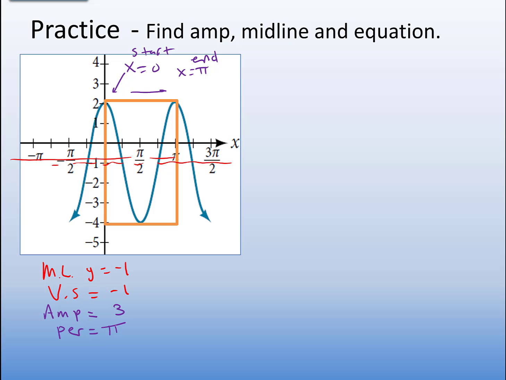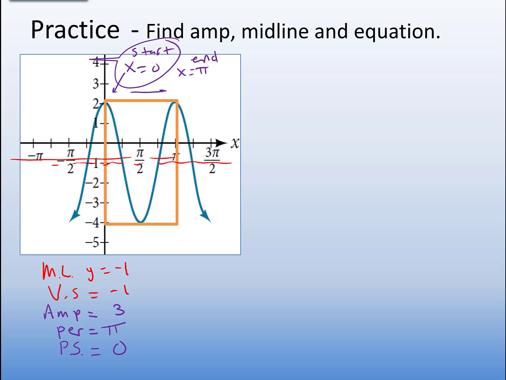Pi minus 0 is pi. The period, the width of the box, is pi units wide. One other easy thing we have to come up with is the phase shift. Now, because we were strategic and we started the box at 0, the phase shift is 0, and that's going to make our work a lot easier for us. Okay, so we are ready to begin.